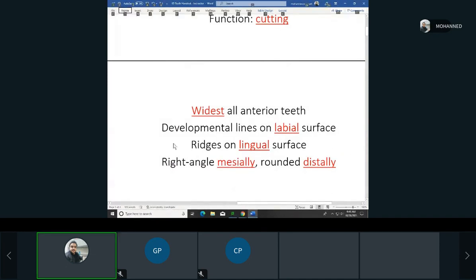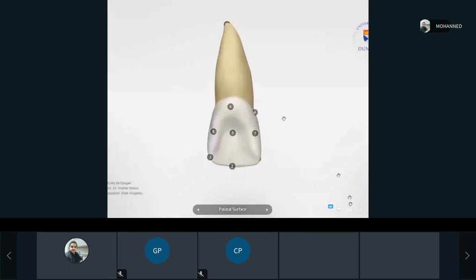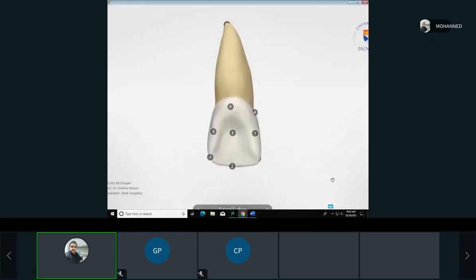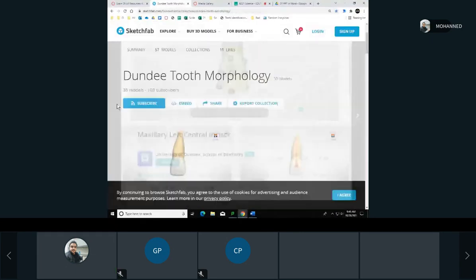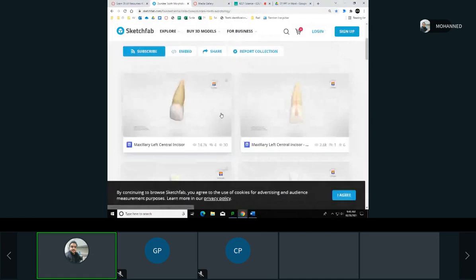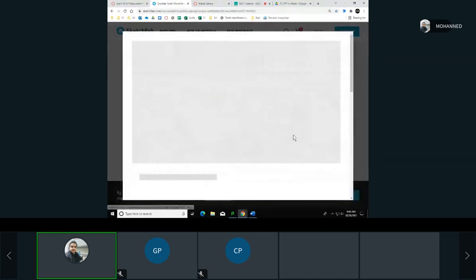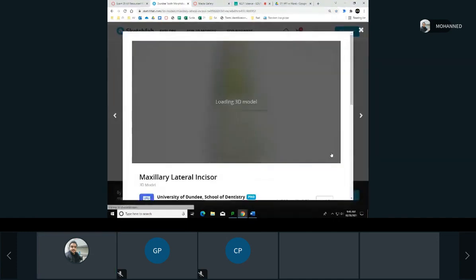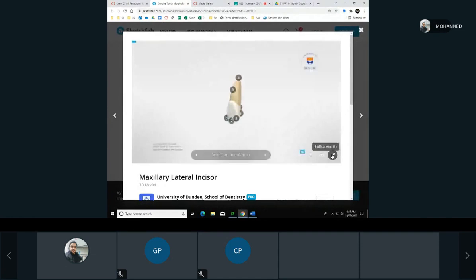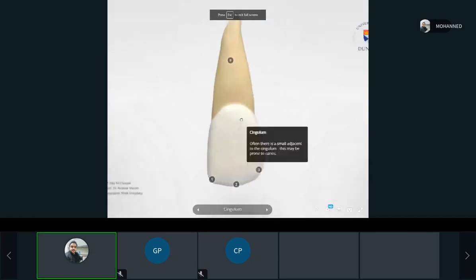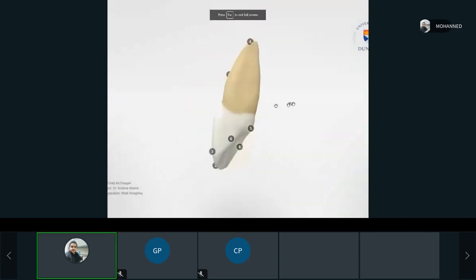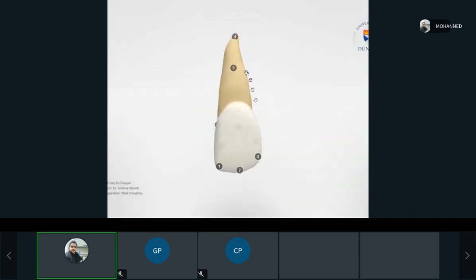Okay, so let's move on and take a look at the maxillary lateral incisor. So as you can see, it is smaller, right, than the maxillary central incisor.